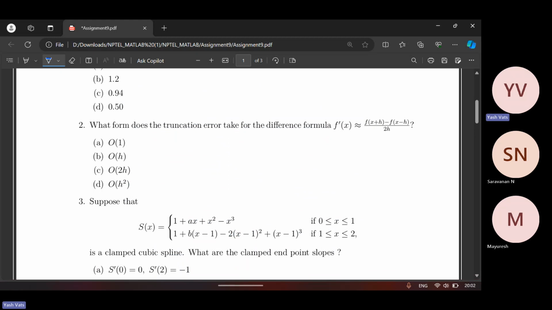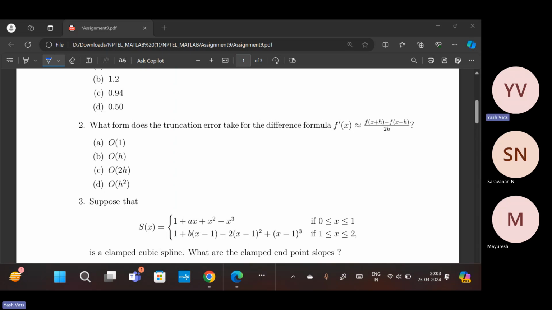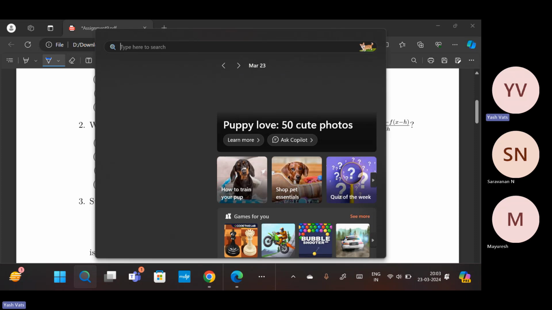I should copy this question there. It will be useful because of continuity. I forgot how to copy.